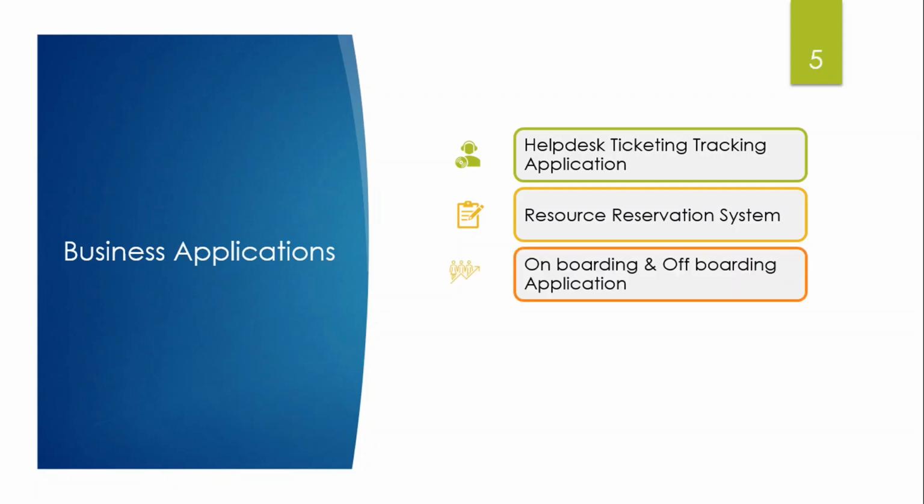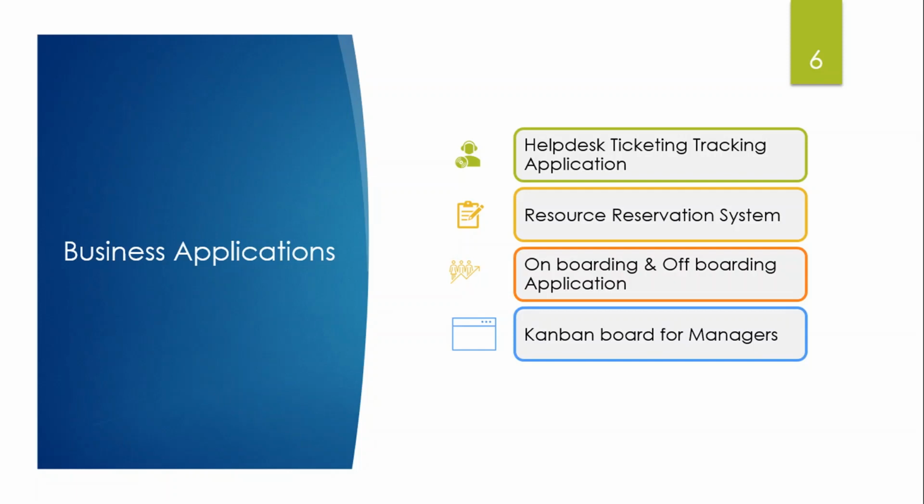Our onboarding and offboarding system for human resources will be a big help for HR. We will develop a Kanban board which helps project managers and team members to view the status of the tasks on one screen. So during this training, we will do training that directly helps you in the real business community.